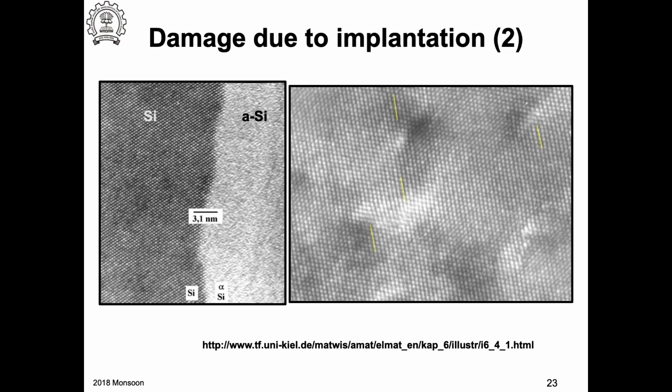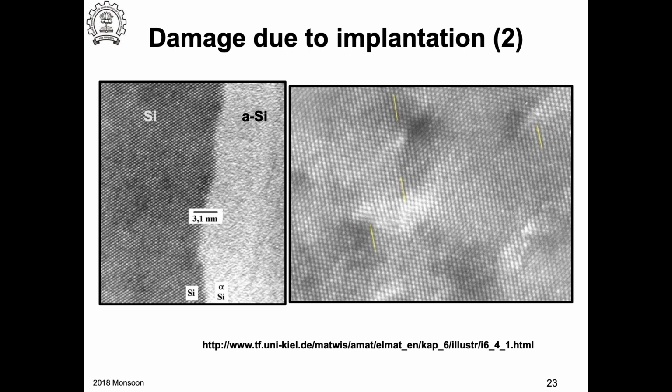Before implantation, the whole region would be only crystalline silicon, but after implantation you can see the amorphous silicon. Also further into the silicon, if you look very carefully, there are local damages that have been created in the silicon. We'll discuss that and I'll show you some more images.